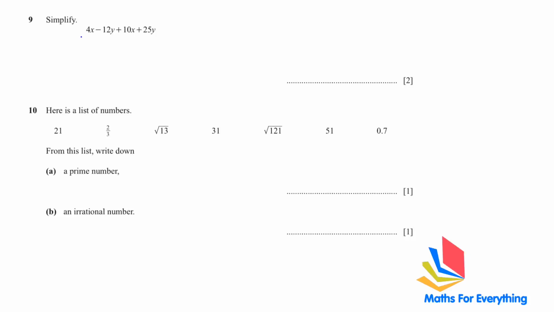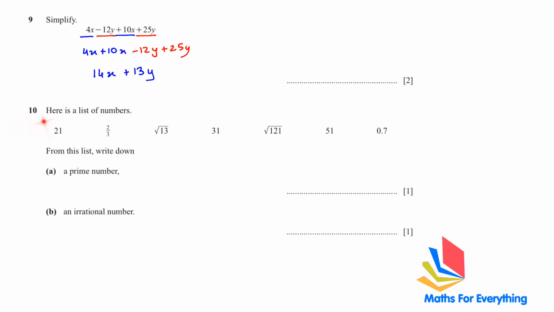We will put the like terms together. So 4x plus 10x and negative 12y plus 25y. Put the numbers in the calculator. 4 plus 10, 14x. And negative 12 plus 25 will give us plus 13y.